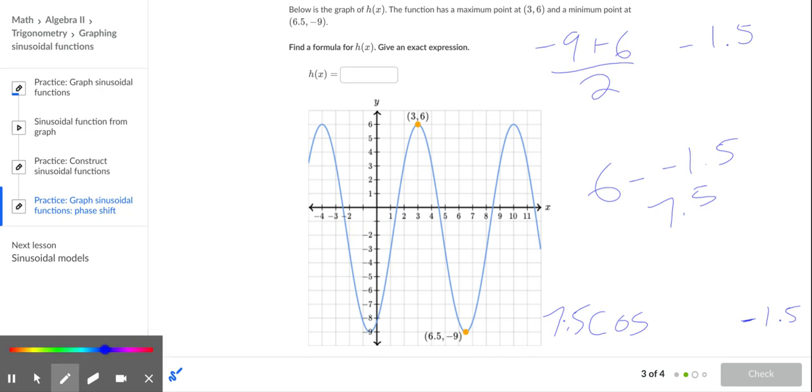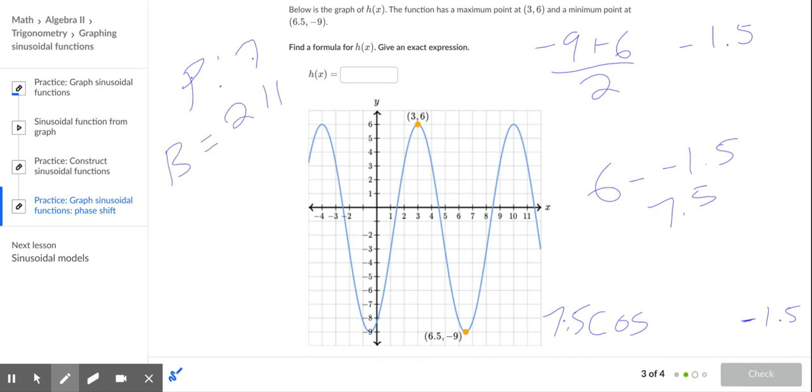So if I already have my pen. Sorry. So period is 7. So B is going to be 2 pi divided by 7. See the previous example for how that works. So I'm just going to leave that as 2 pi over 7 because that doesn't really simplify.